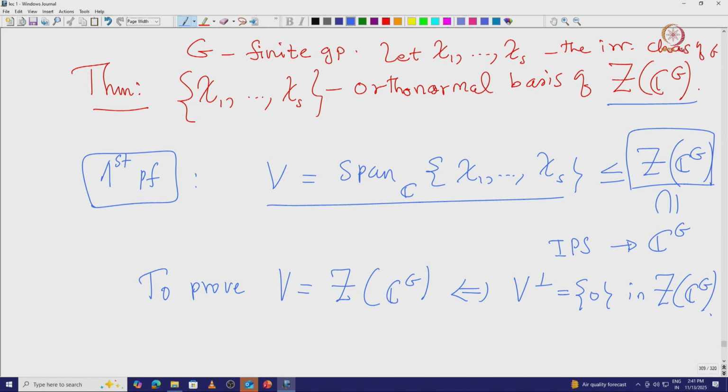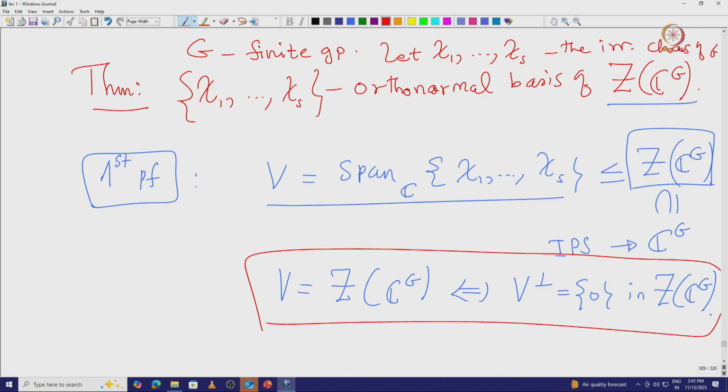This is how the first proof goes: we simply prove that the orthogonal complement is indeed 0.